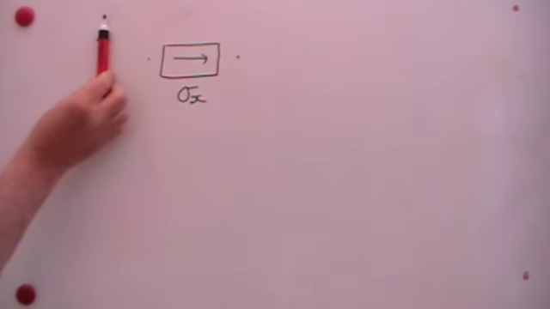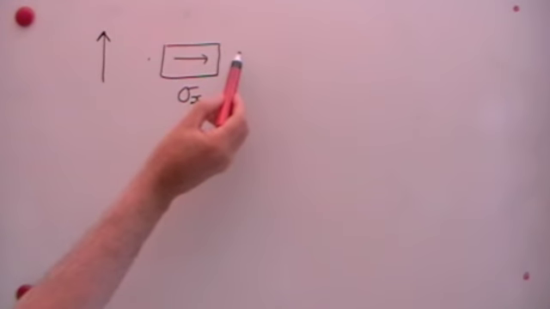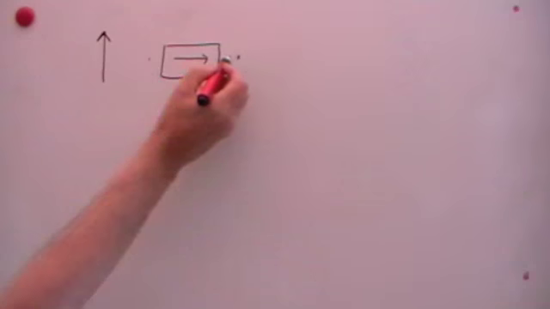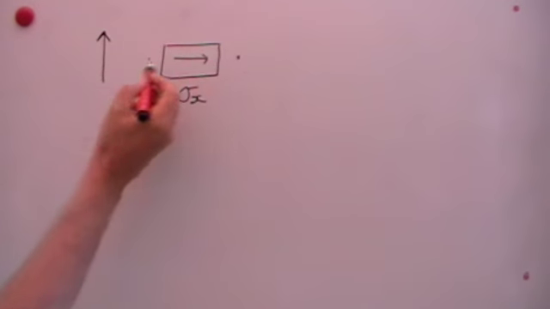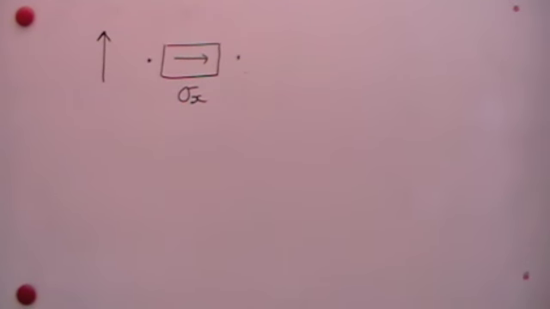So it's definitely spin up because I prepared it that way. When I put it through this device, it will give me a reading of either up in the direction that the arrow is pointing, which is right, or down in the direction the arrow is pointing, which is left. And it's a 50% chance.